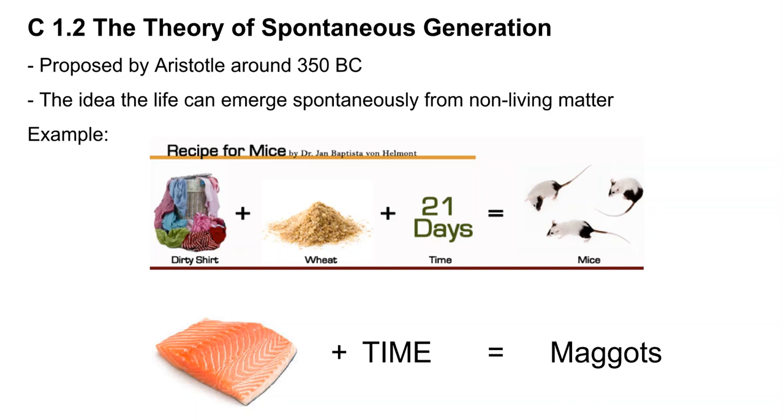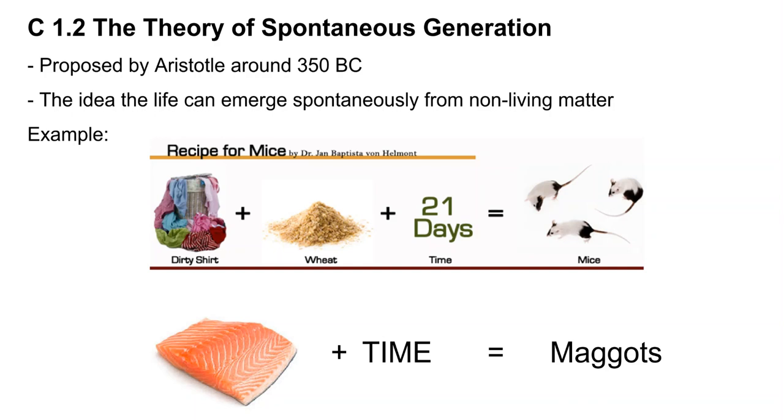So the first example of spontaneous generation is a recipe for mice. This is just a little bit of a joke, but if you had some old clothes and you had a little bit of food left in those old clothes, and you gave it time and came back a little while later, you would see mice in that pile of old clothes.